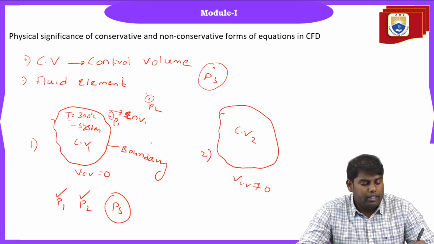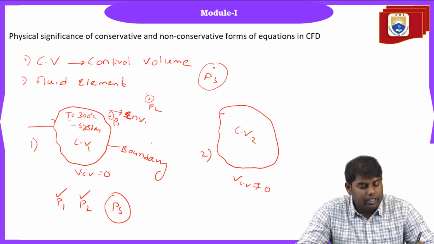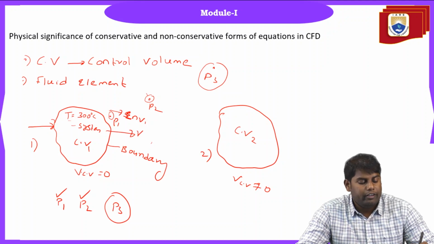And if the velocity of control volume is 0, what is the meaning? The entity is not moving at all, and the fluid entering it will leave with a certain velocity, V in and V out.